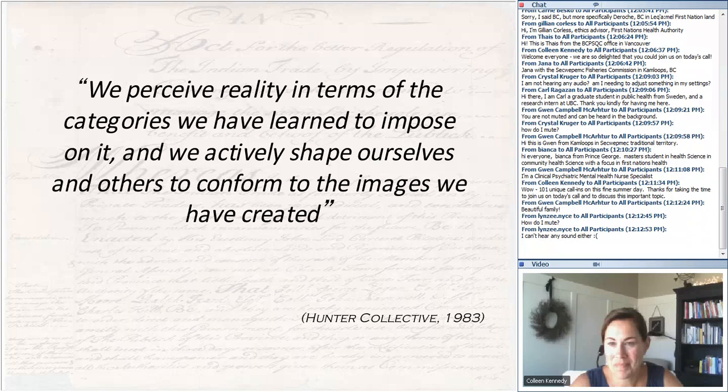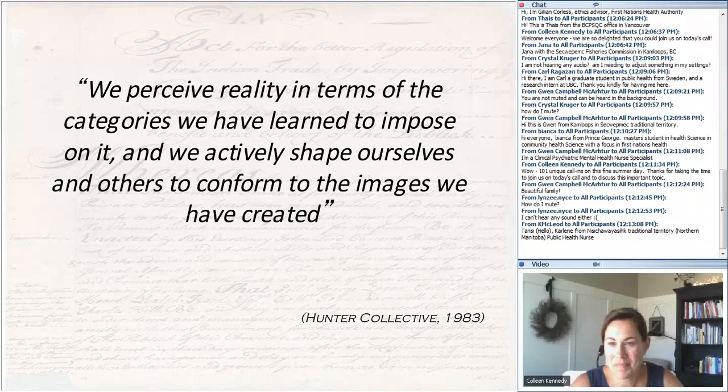It shapes how we see other people, and then in many ways we construct a reality that conforms to those images we've already created. So it's important to think about that whenever we're talking about race and racism.